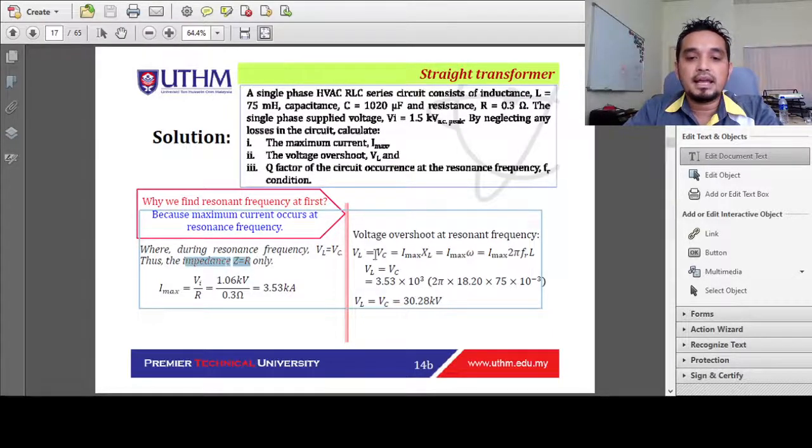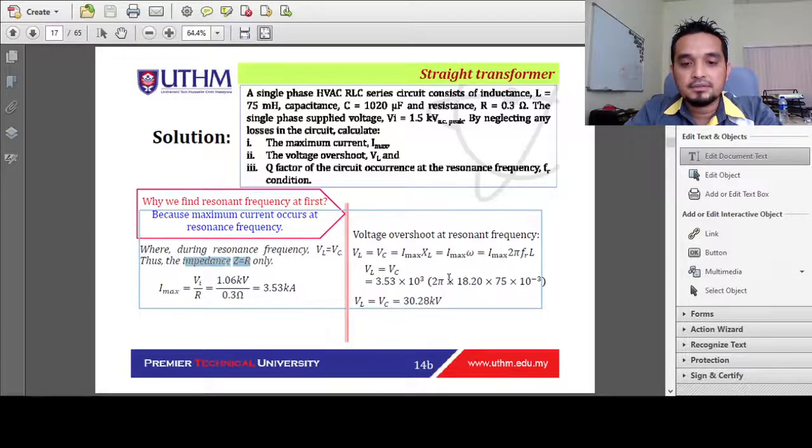We know that during resonance, VL is equal to VC. We can calculate VC as Imax times the inductive reactance, which gives Imax times omega L, and omega is equal to 2 pi F. So we can plug in the values.